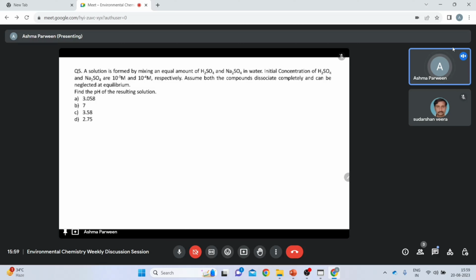So we have been given that we are adding two things, sulfuric acid and sodium sulfate, in water, and the concentration of each is given. It is also given that both of these compounds dissociate completely, so we can neglect the H2SO4 and Na2SO4 as a total in the system, and we have to find the pH of the resulting solution.